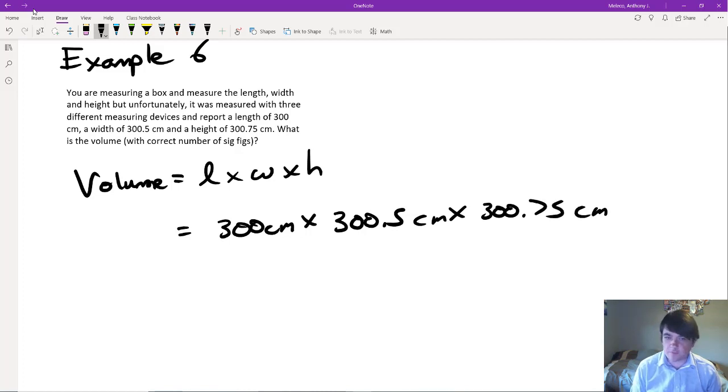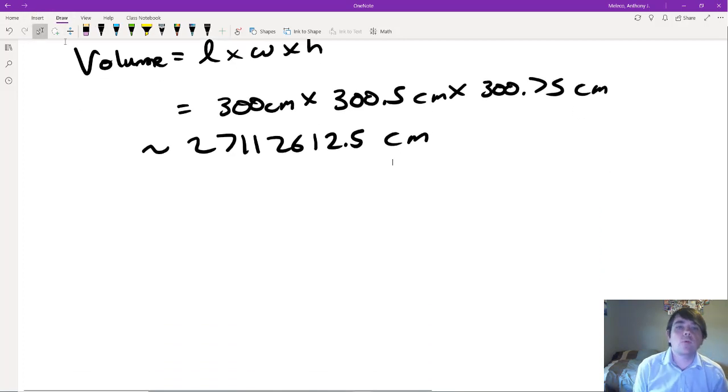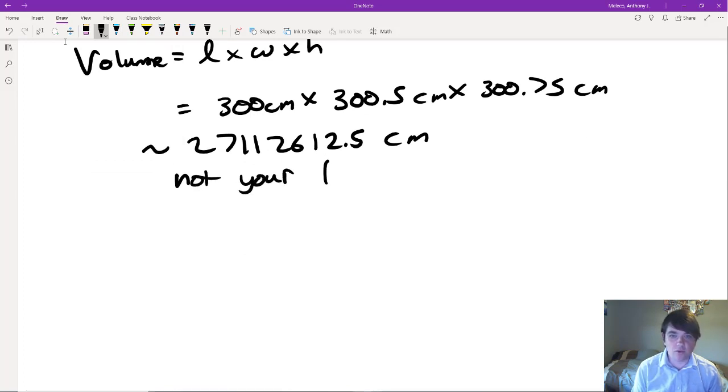And if you do this, what I ended up writing is 27112612.5 centimeters cubed. So, would you write this as your final answer? Not in a lifetime. So, not your final answer.